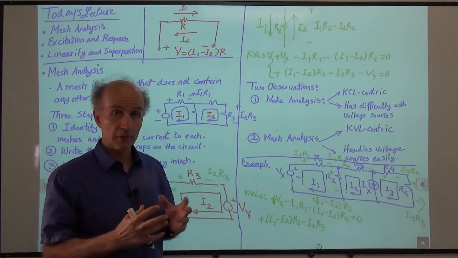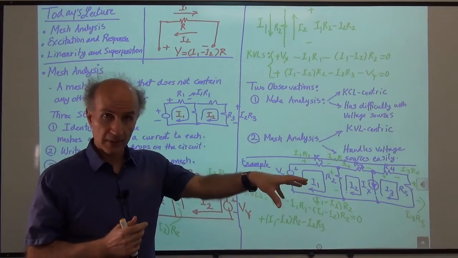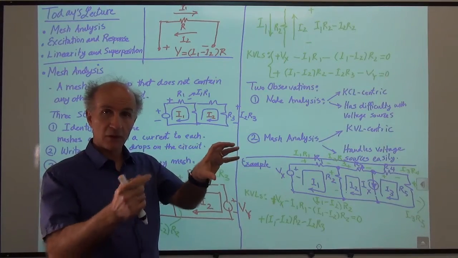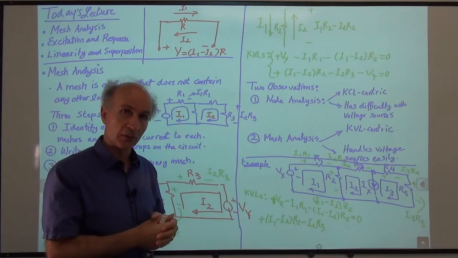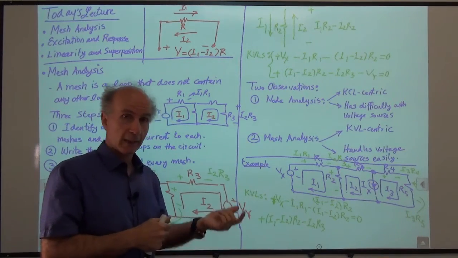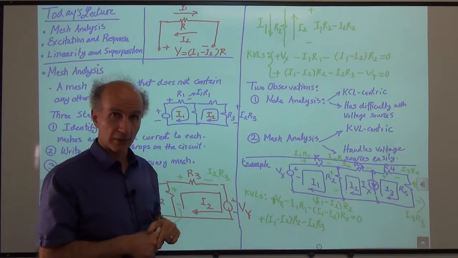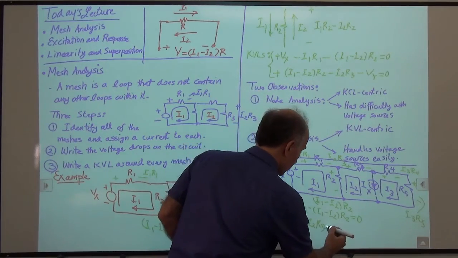This is very similar to the situation of a voltage source in node analysis. For a voltage source, we decided not to assign a current to it, not to call that an unknown. So here we have the same problem with the current source as far as mesh analysis is concerned. We're stuck, right?